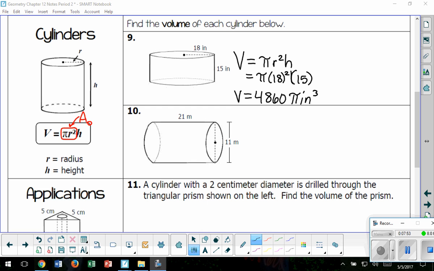The volume is 4,860 pi inches cubed. When we multiply by pi and round to the nearest tenth, 15,268.1 inches cubed.